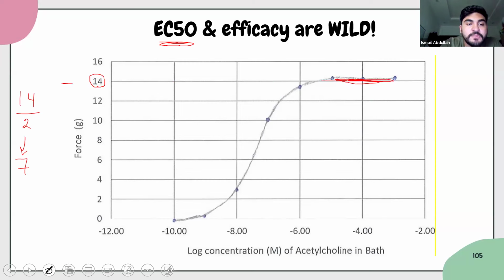I'm going to look for 7, which is going to be somewhere here. Sorry for the missing line. Whatever I get on the graph right here, that's going to be my EC50. So first step, you look for the maximal efficacy, which is 14. You half it, which becomes 7, and then you trace it on the graph, and whatever concentration you get here is going to be your EC50.